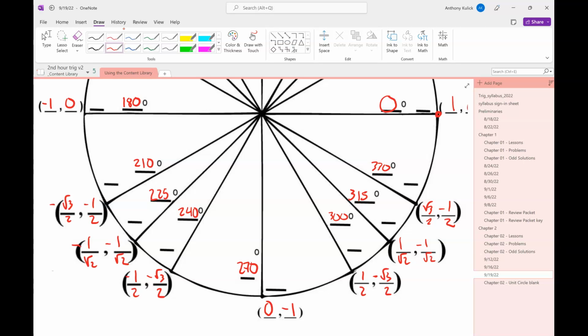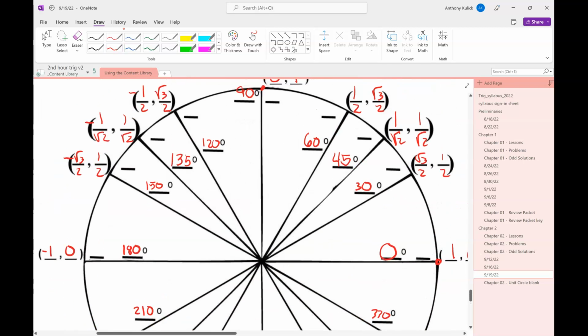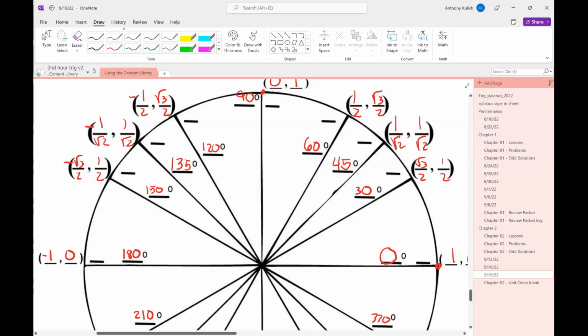Now, you'll notice that there's still one other set of blanks on here. What do you think these other set of blanks is? It's for the angle measure in radians. How do I convert degrees to radians? Multiply by pi over 180, that was our conversion factor to go from degrees to radians.